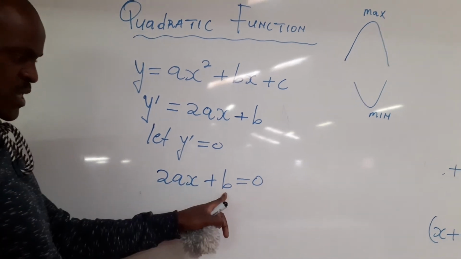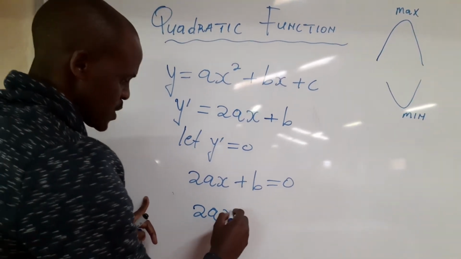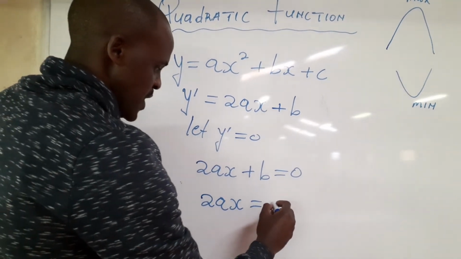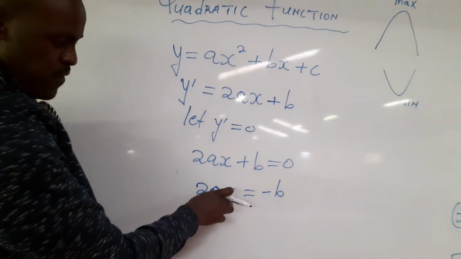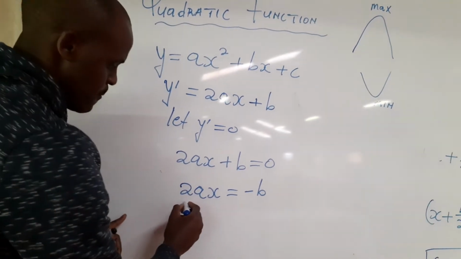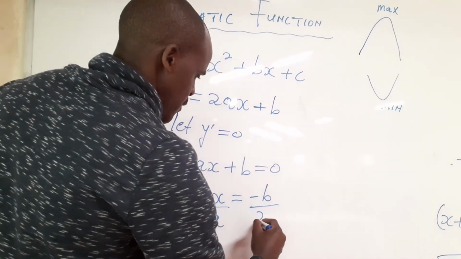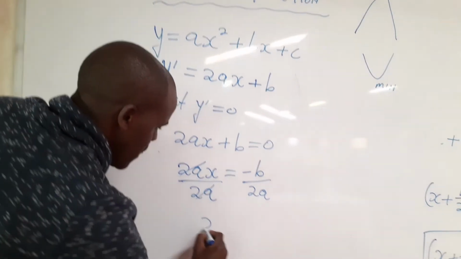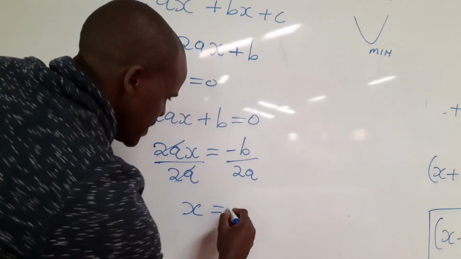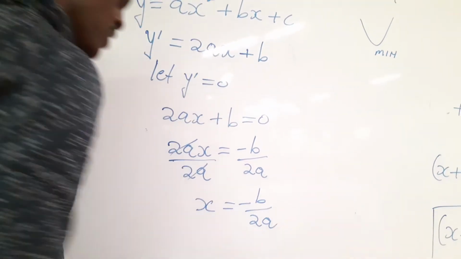And then we transpose b. 2ax will be equal to negative b. And then to solve for x, we divide by 2a on both sides. Therefore, our x is equal to negative b over 2a.